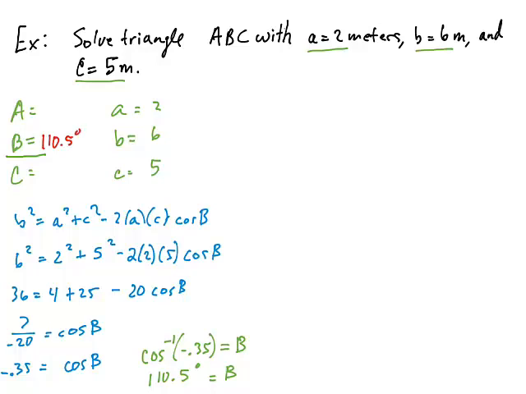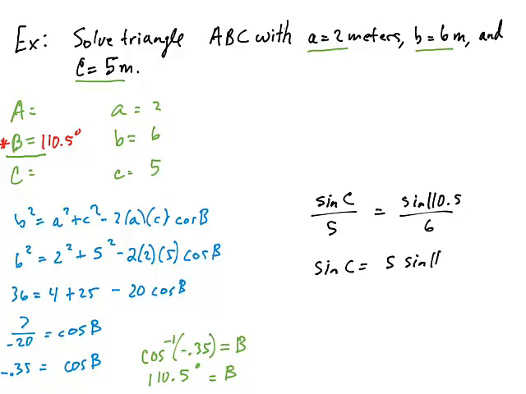Okay, now once we have one of these angles, I can use the ratio of angle b and side b in the law of sines. So let's go ahead and do that. I'll solve for, it doesn't really matter, how about angle c? So sine of c over 5 is equal to sine of 110.5 divided by 6. Sine of c is equal to 5 sine 110.5 degrees divided by 6.